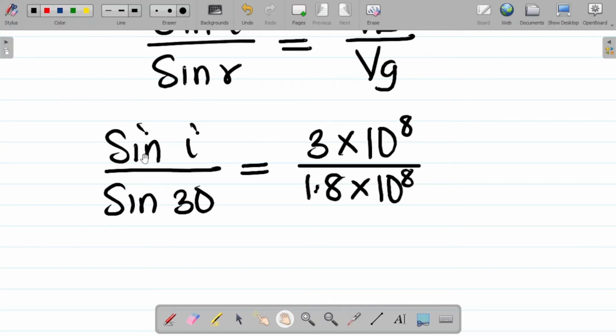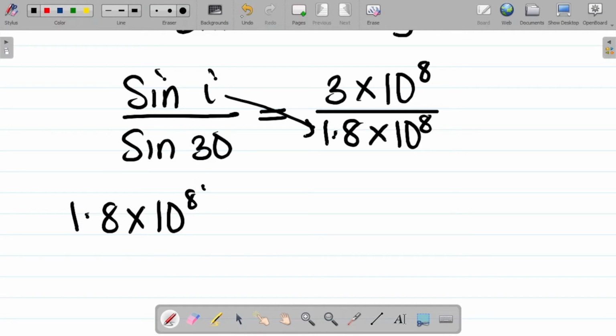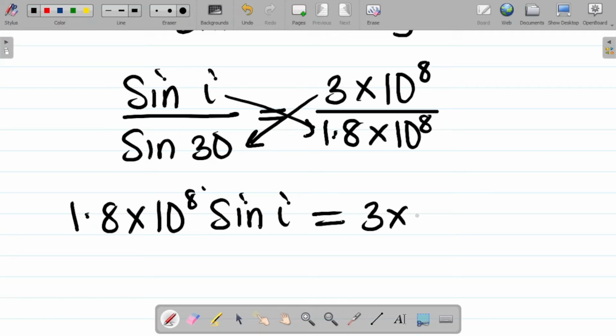My first task here would obviously be to cross multiply. We have this times this, which is 1.8 times 10 to the power 8, multiplied by sine i. So sine i is equal to this times this, which is 3 times 10 to the power 8 sine 30.